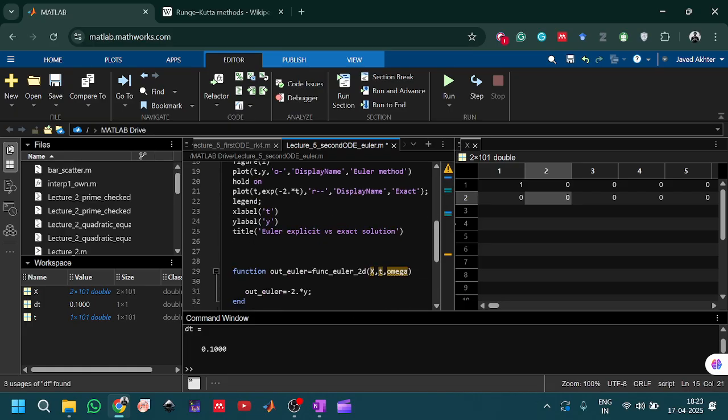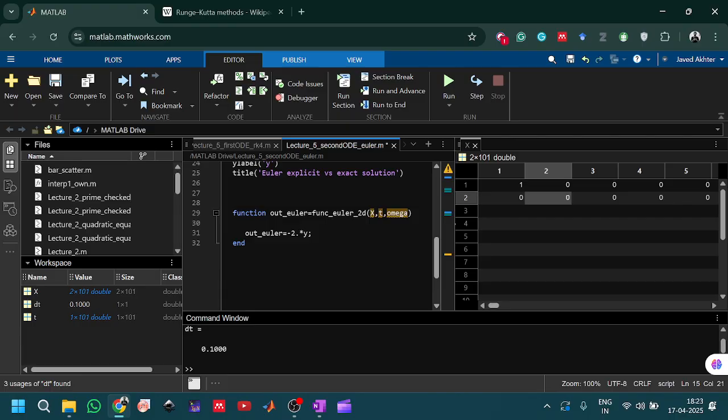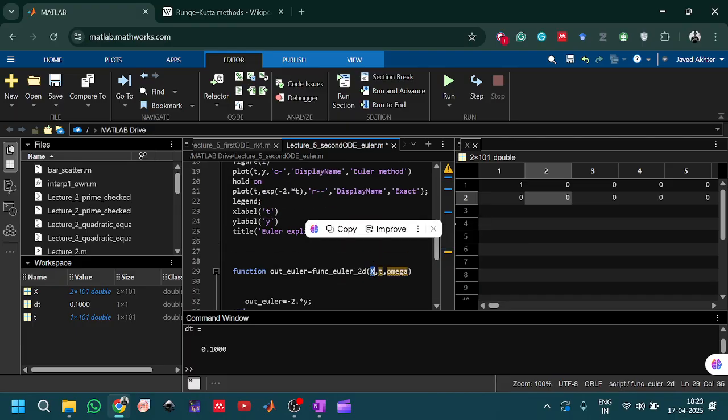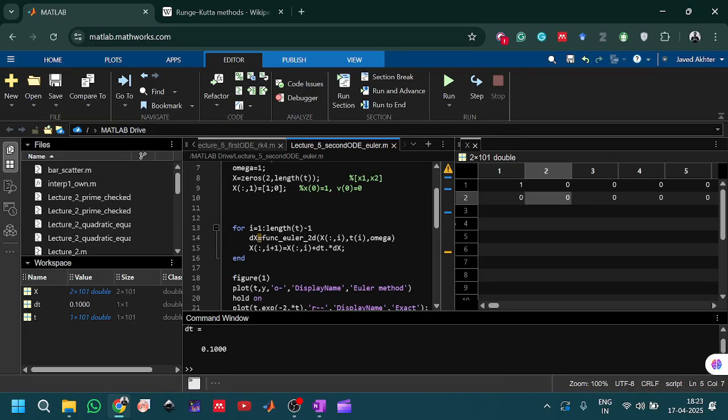What is the value for i plus 1? Now here you have to write down the functional form. So what is the functional form here? What are you passing here? You are passing a column vector. If you look carefully, you are selecting values along all the rows and for the ith column.